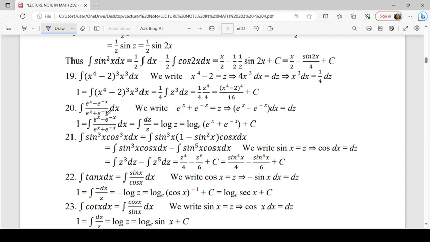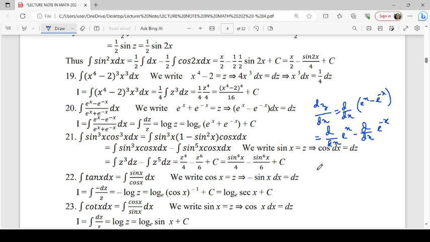Number 20, we see we are substituting e to the power x plus e to the power minus x as z. Then dz by dx is the derivative of e to the power x, which is e to the power x, then e to the power minus x, what is d by dx of e to the power minus x?